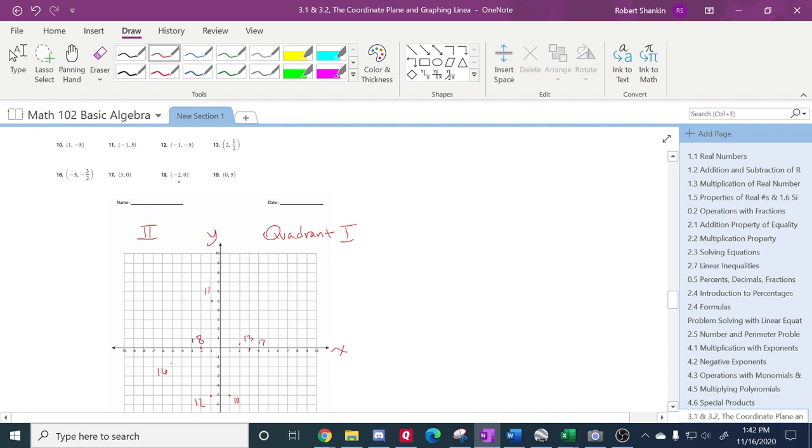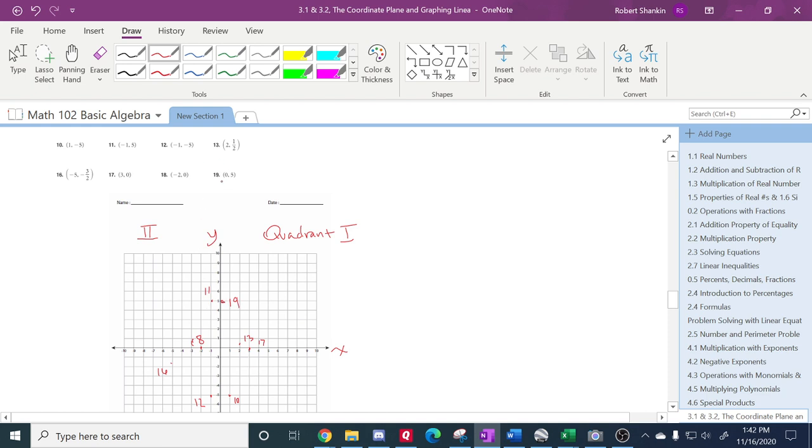Now this one, the y coordinate was 0 again, and we're on the x-axis. And then 19, 0 over 5 up is right here. And that's number 19.